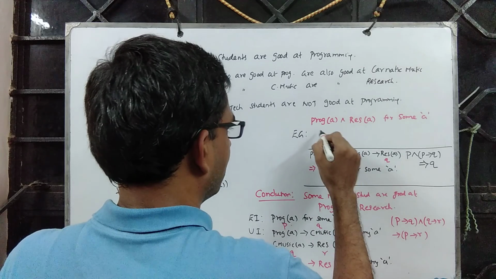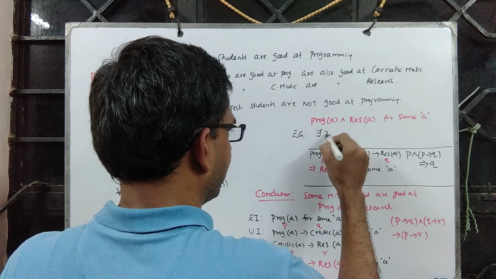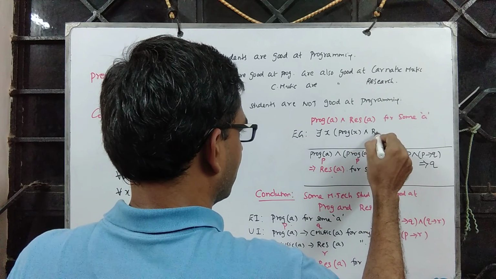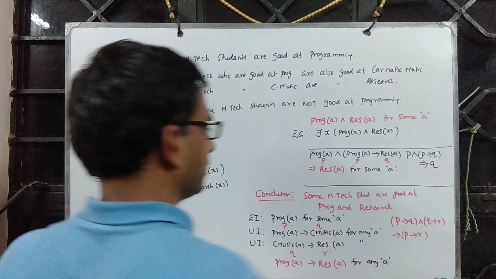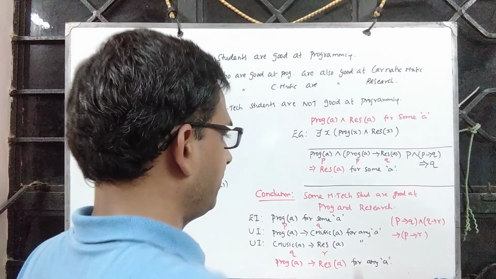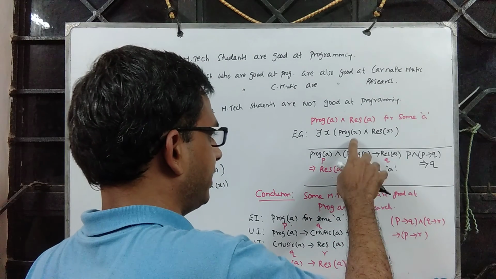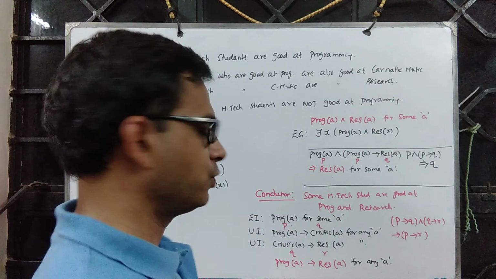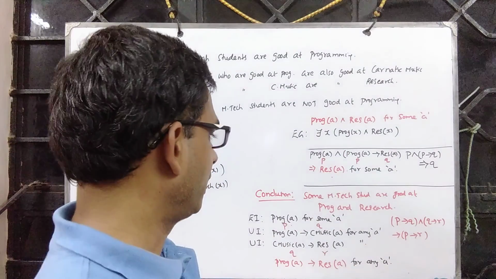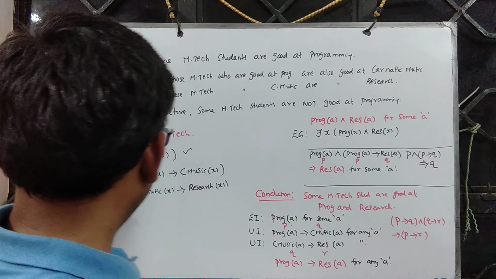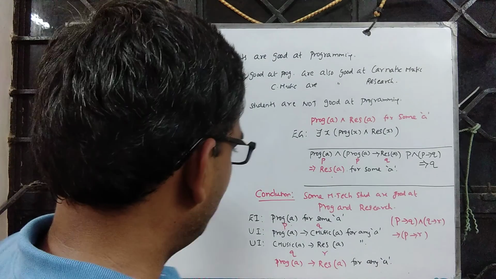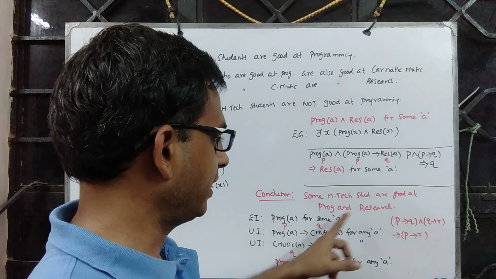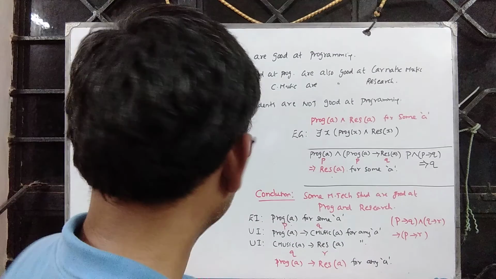We get there exists X, programming of X and research of X, which means some MTech students are good at programming and research. Therefore, the conclusion follows. So the idea is this: given this premise, we want to know so and so conclusion. Some MTech students are good at programming and research follows or not.